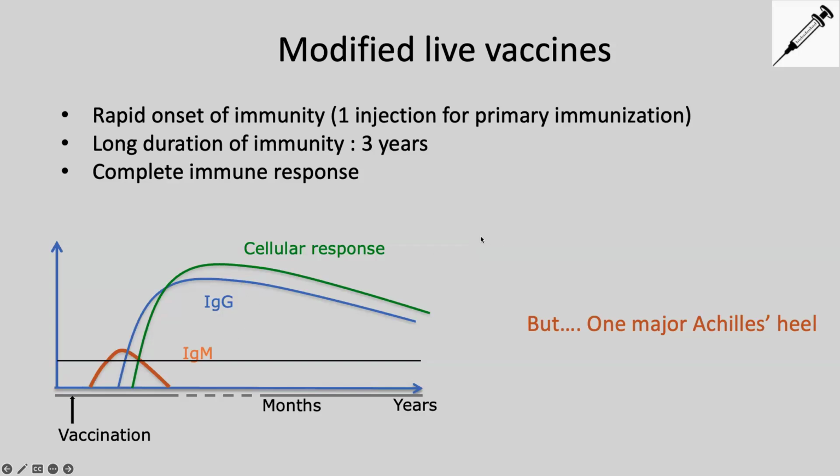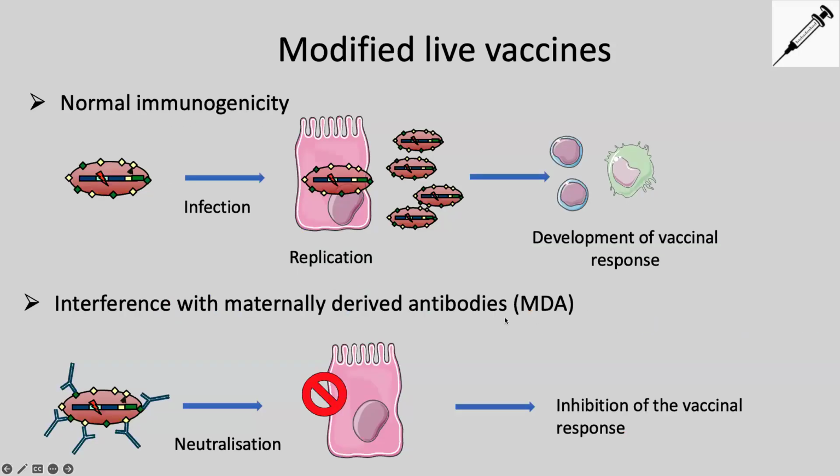But we have to keep in mind that those live vaccines have one strong weakness, which is the maternally derived antibodies. As I told you, those vaccines can replicate in the organism, and this replication induces the immune response.